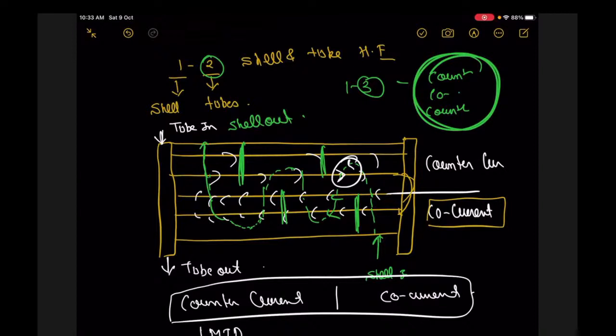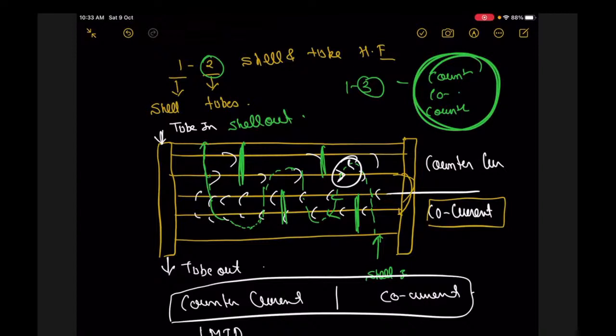So what it gives us the idea is that we have to always try to create turbulence in the heat exchanger.